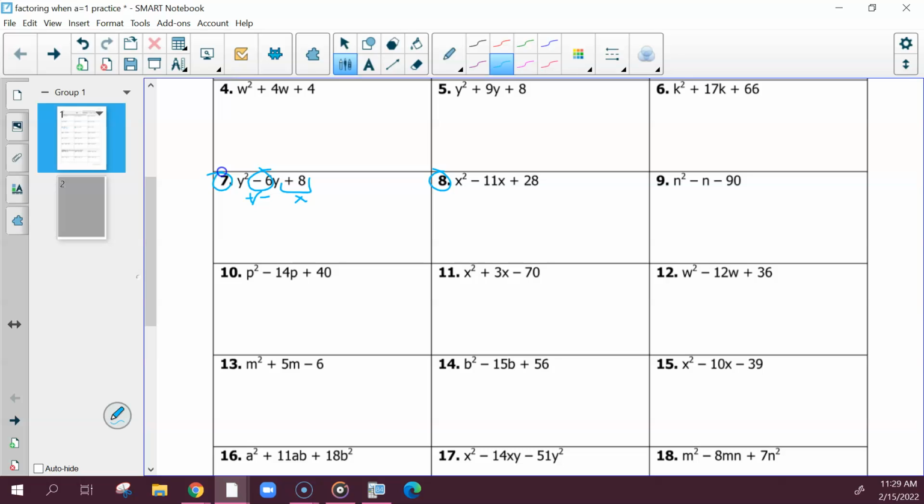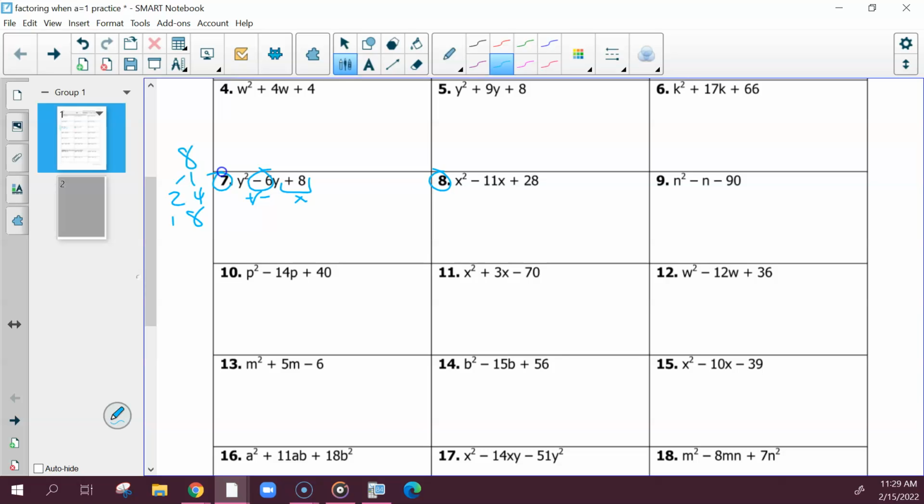Of those, let me write these down. In order to multiply to get a positive, either both of them need to be positive or both need to be negative. Because the number we need to add or subtract to is negative, both of these will need to be negative.